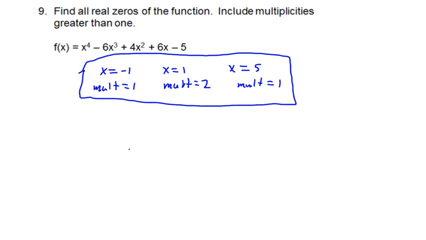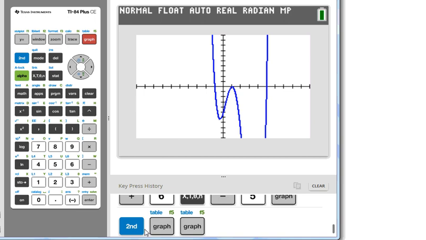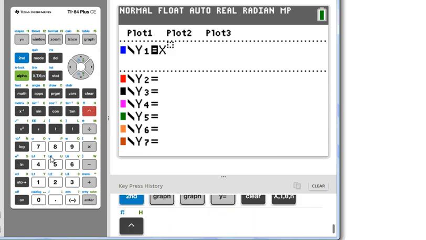Okay, number 10. How many real zeros does a function have? How many real roots or real zeros? Let's go ahead and put it in the calculator. Clear out. So we have x to the 4th plus x to the 3rd power. This is a quartic function.